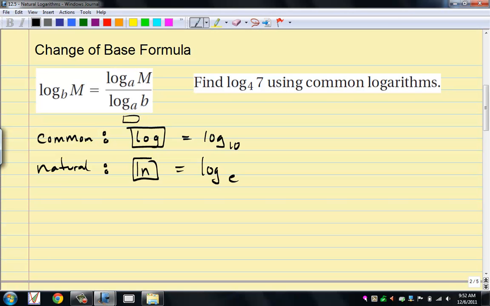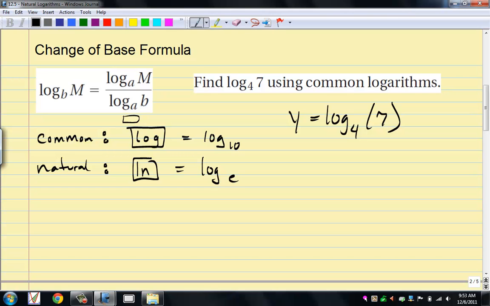Well, when we have a problem like log base 4 of 7, so here we go, y equals log base 4 of 7, we can't put this in our calculator. Our calculator doesn't have a log base 4 button. So what we have to do is change this base 4 into base 10.